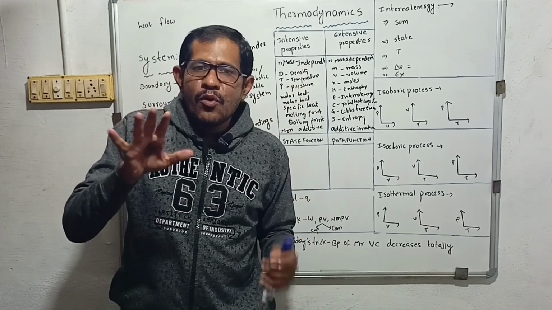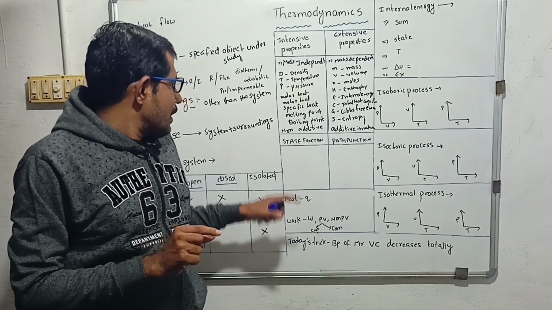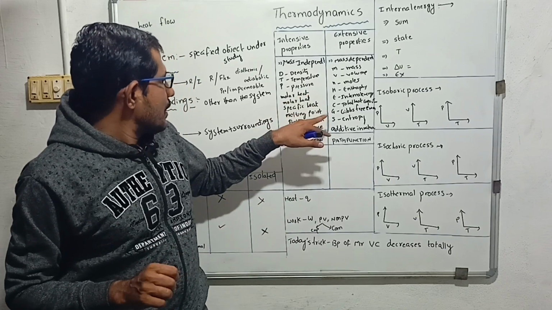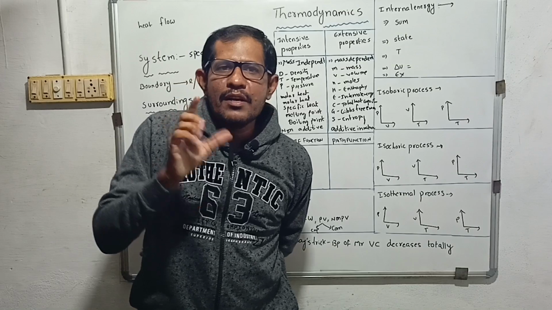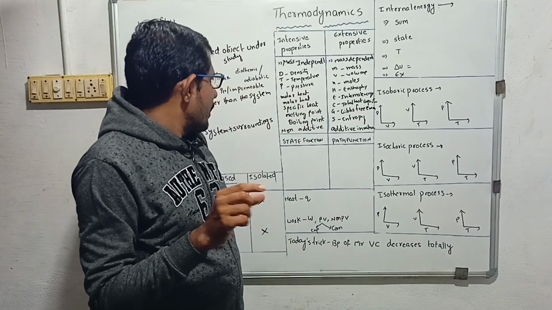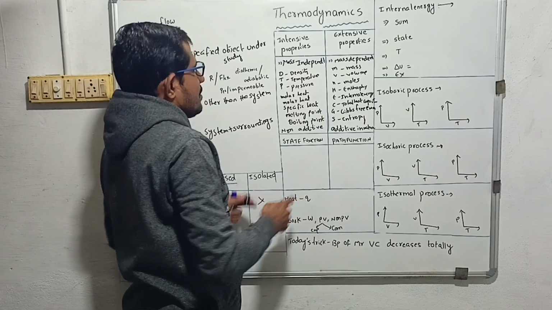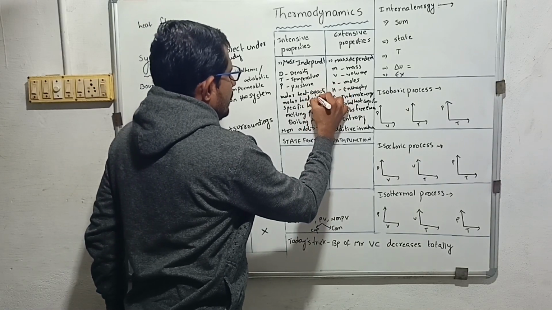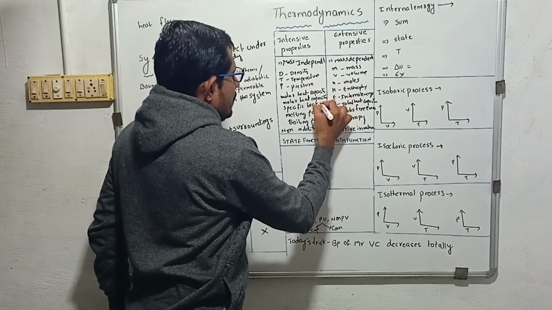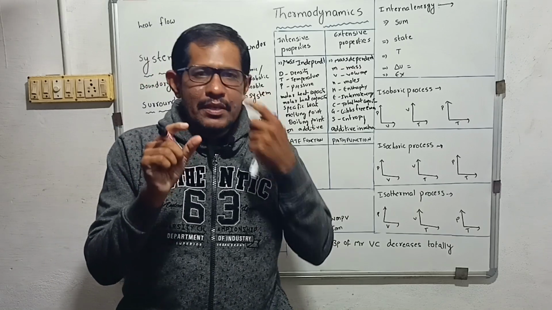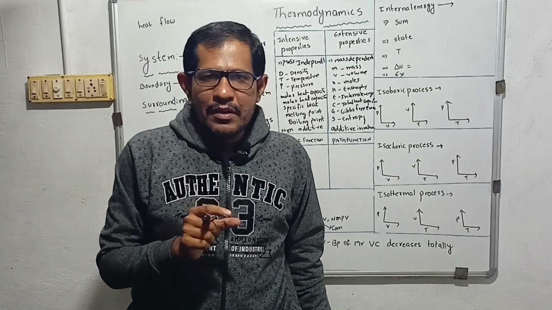One more important thing you need to observe here is heat capacity. Generally, heat capacity is an extensive property, that means a mass dependent property.